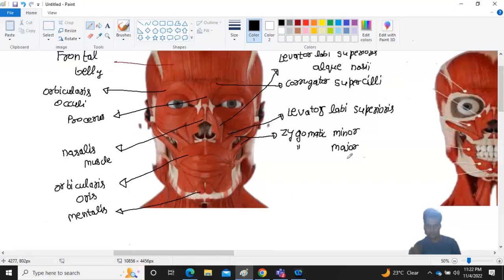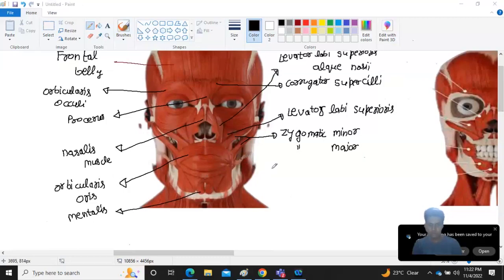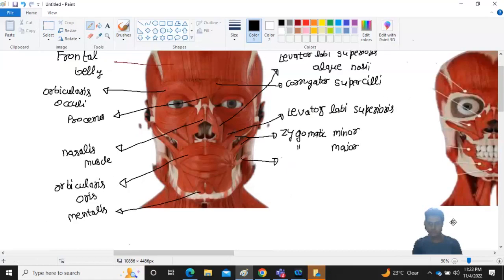Then next we have the risorius muscle. This is risorius.